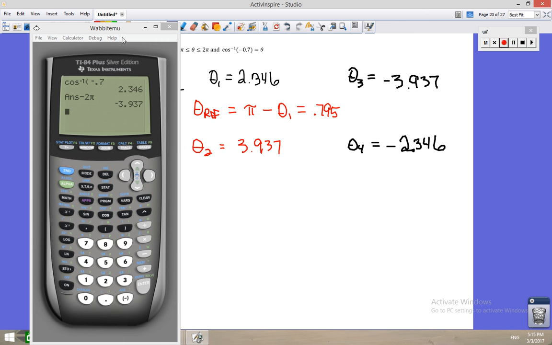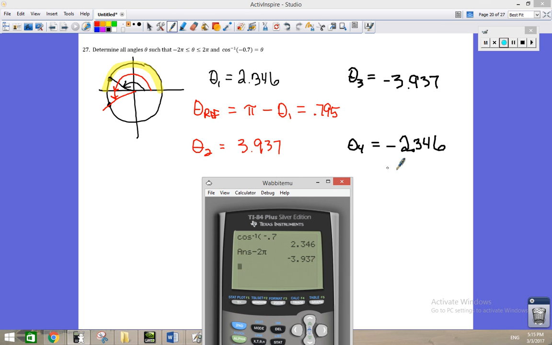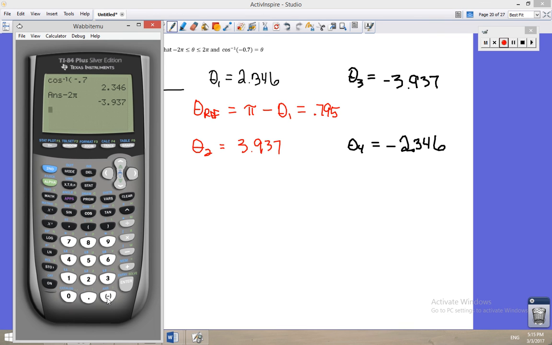So I claim that if you pick any one of these four angles and take the cosine of it, you'll get something very close to negative 0.7, and all of these angle measures are between negative 2 pi and positive 2 pi, where negative 2 pi is negative 6.283. All of these negative values are bigger than that, and these positive values are smaller than 2 pi.